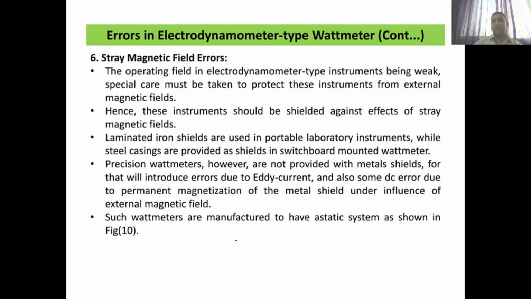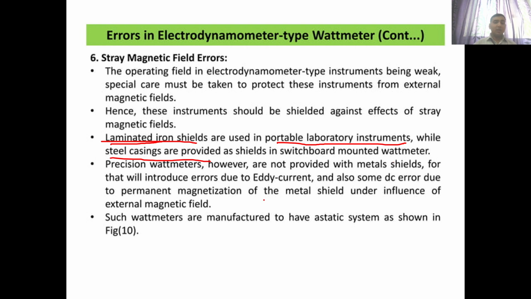Now, the sixth point is stray magnetic field. As we said, EMC instruments use a weak magnetic field, so external magnetic fields can cause error. Shielding against stray magnetic field is therefore very important. Laminated iron shields are made in portable laboratory instruments, and steel casings are provided as a shield in switchboard mounted measurement devices to reduce this type of error.